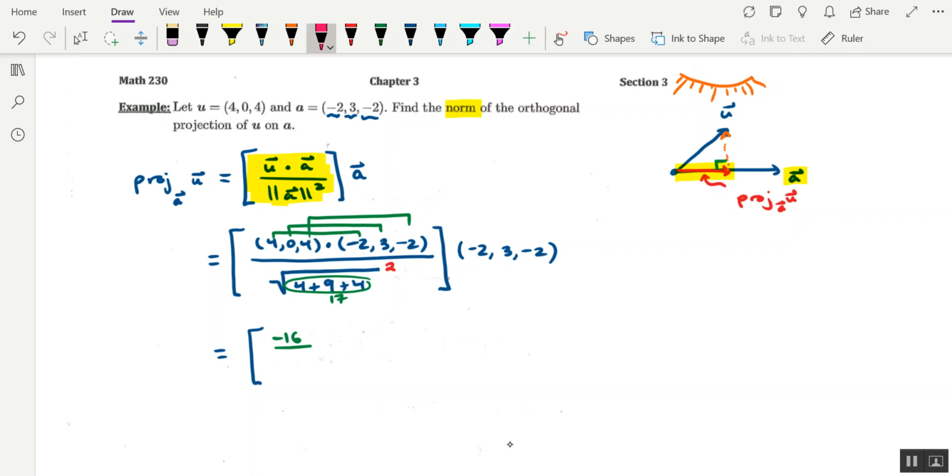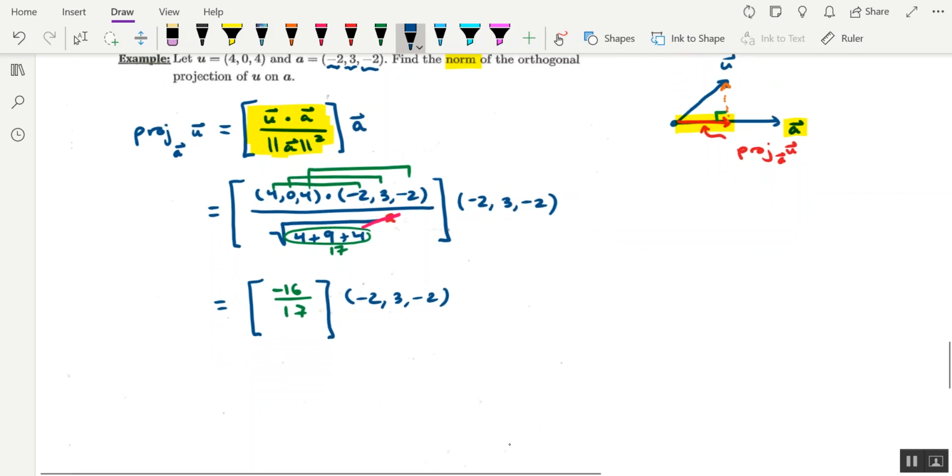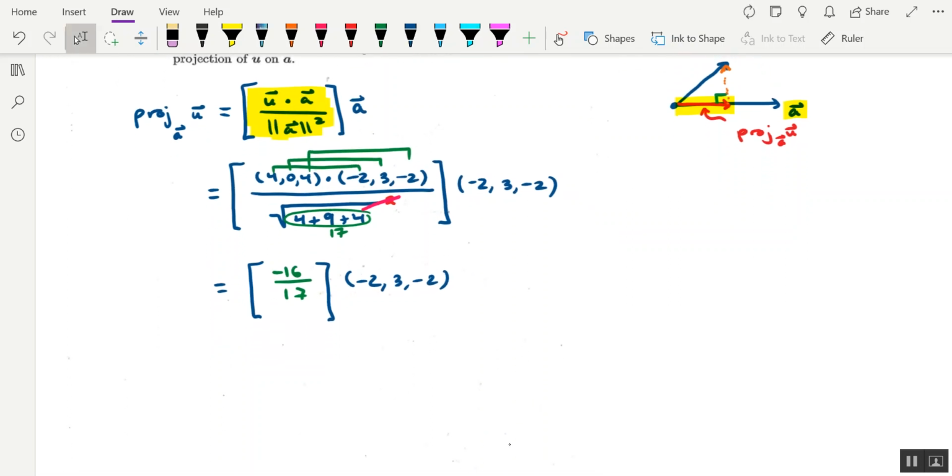The square root and the power of 2 will cancel, leaving us a denominator of just 17. So it turns out that if we wanted to readjust the length of A so that it has the same length as the projection of U onto A, we would have to multiply the components of A by -16 over 17.